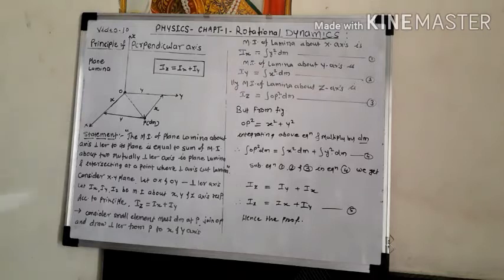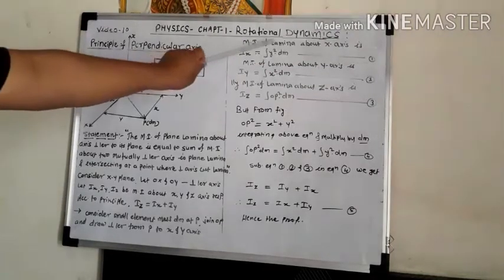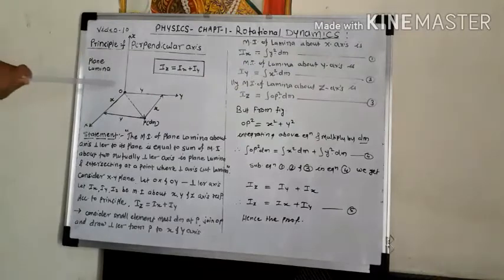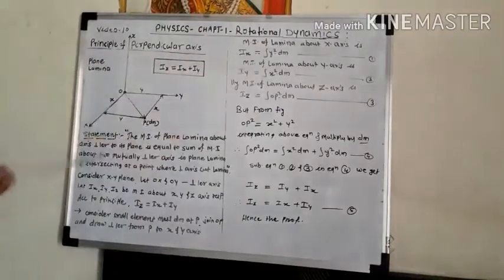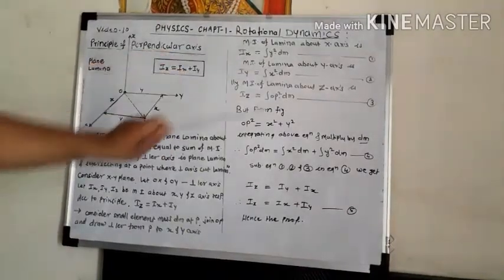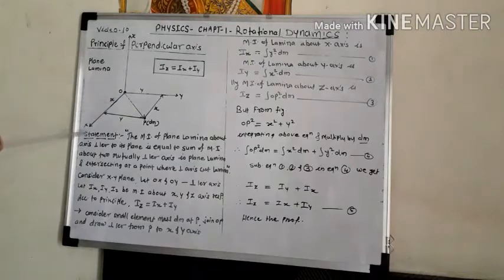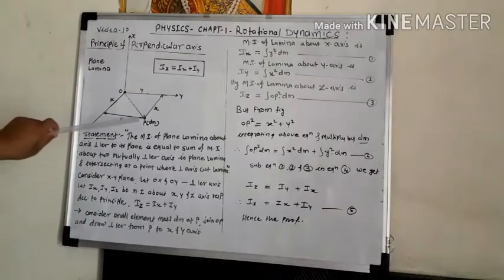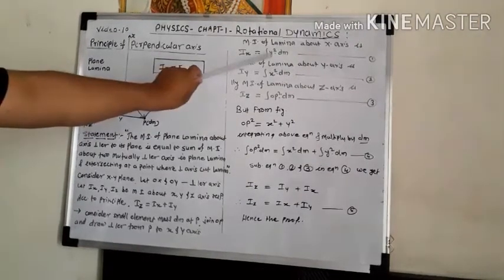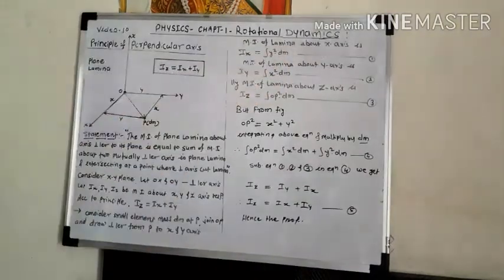From this definition, the distance of point P from the x axis is y, the squared distance is y squared, and the mass is dm. Therefore, the moment of inertia of the plane lamina about the x axis is given by the integration of y squared dm. This is equation number 1.